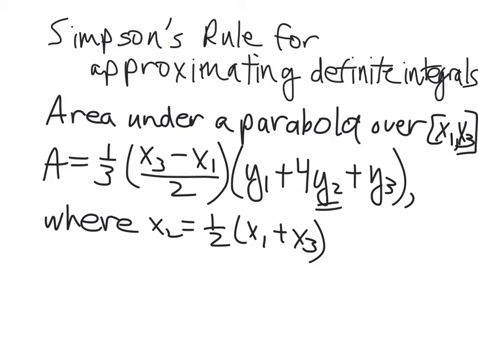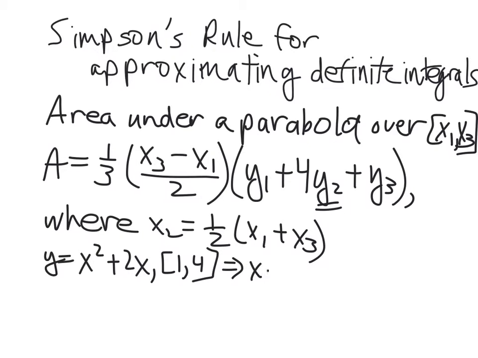So let's take a look at the parabola x squared plus 2x, and we'll go from 1 to 4. So x sub 1 is going to be 1.